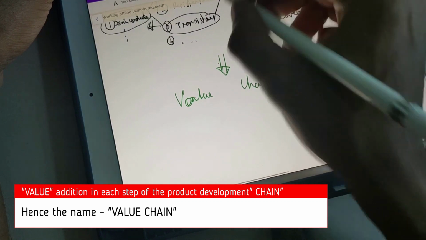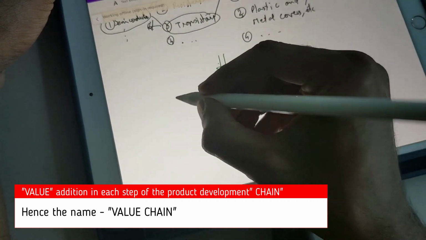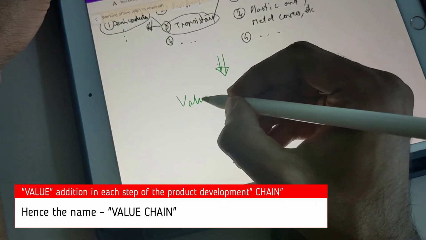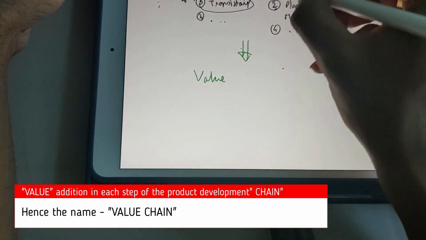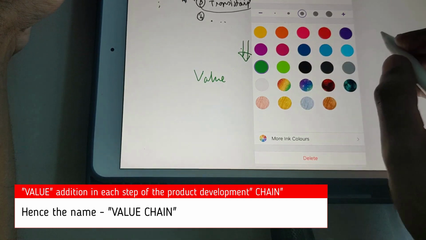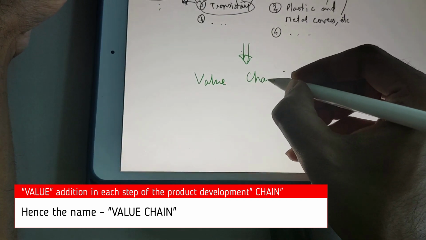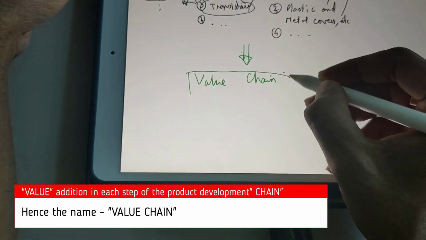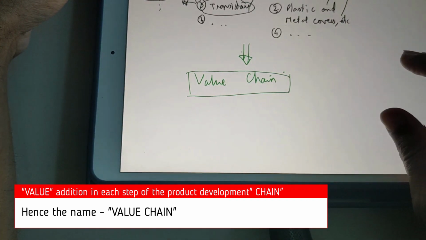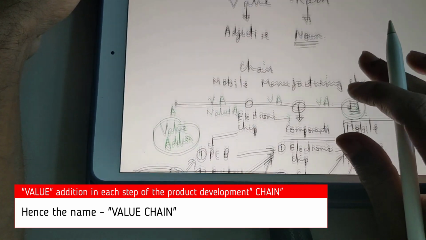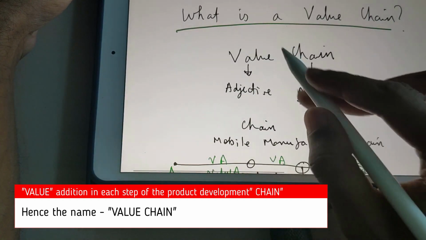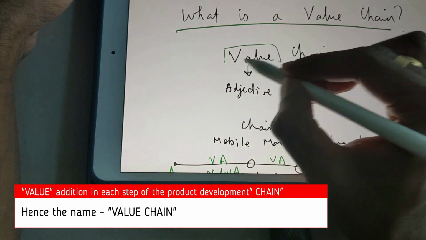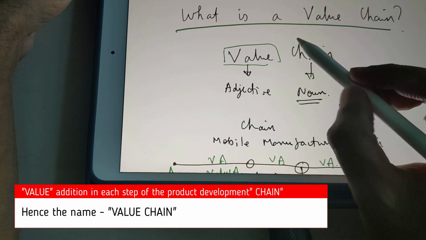Wow. Let me improve my handwriting. Therefore, it is called a value chain, right? So just coming back to it, what is a value chain? Two components, value and chain.